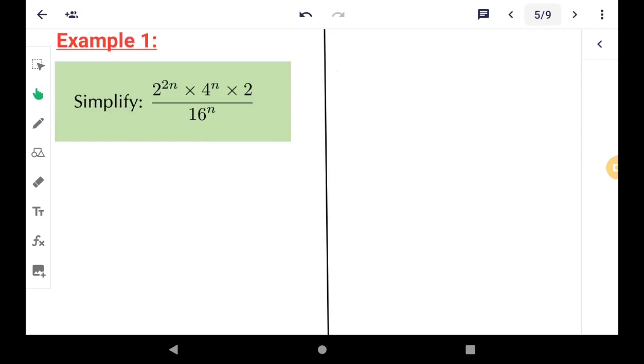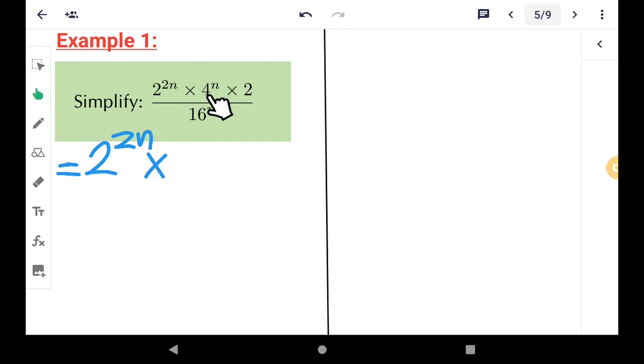Now let's look at some examples on how we simplify depending on what it looks like. Let's say you've got a question like this. This is how you attempt it. You go equals to. Now we apply the laws of exponents to help us simplify this. So we'll leave that as it was.